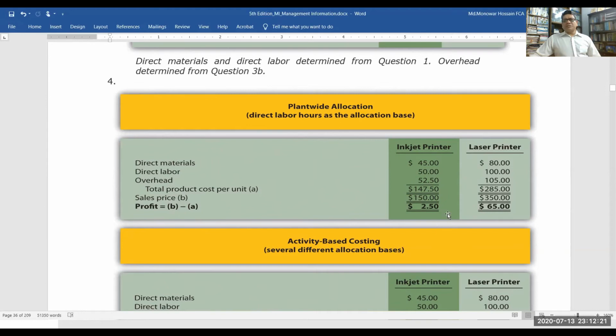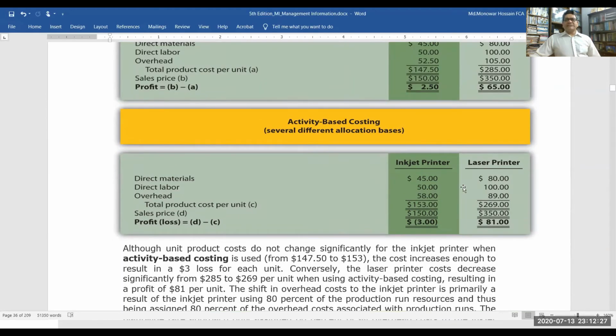So the profit is 2.50 and 65. Now under activity-based costing, look here, material 45, direct labor, overhead, so it's 153, but we are selling at 150, so here a loss of $3 is occurring. And for the laser printer, there is a profit of 81 per unit.